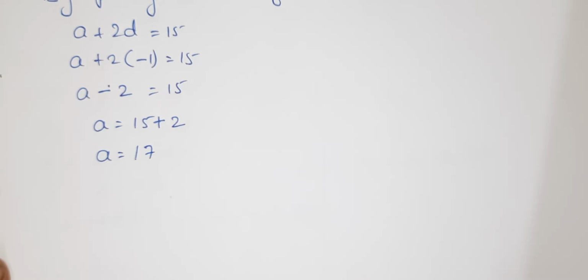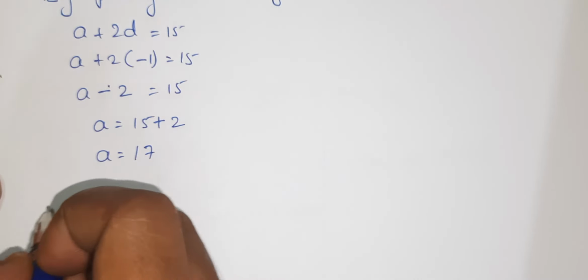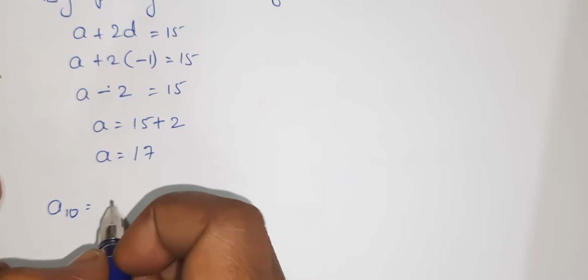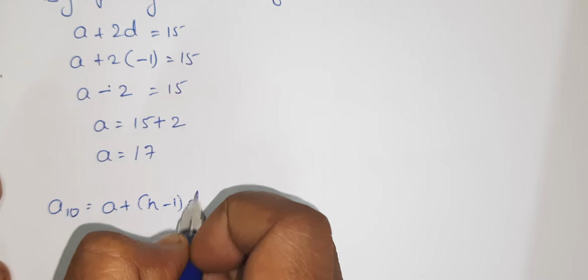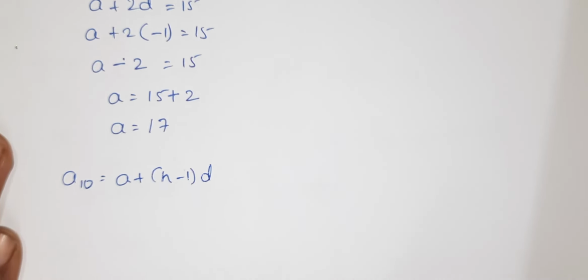What is the second part of the question? We have to find the value of A10. So A10 equals a plus n minus 1 into d.